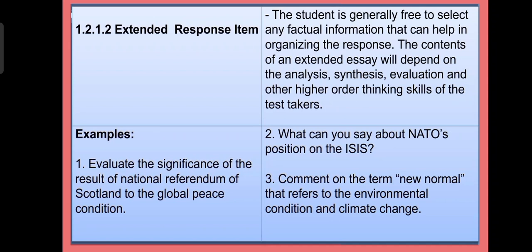So overall, extended response items require students not only to recall but also to apply critical thinking skills. By analyzing data or information, it makes them more prepared for future challenges beyond academic settings.